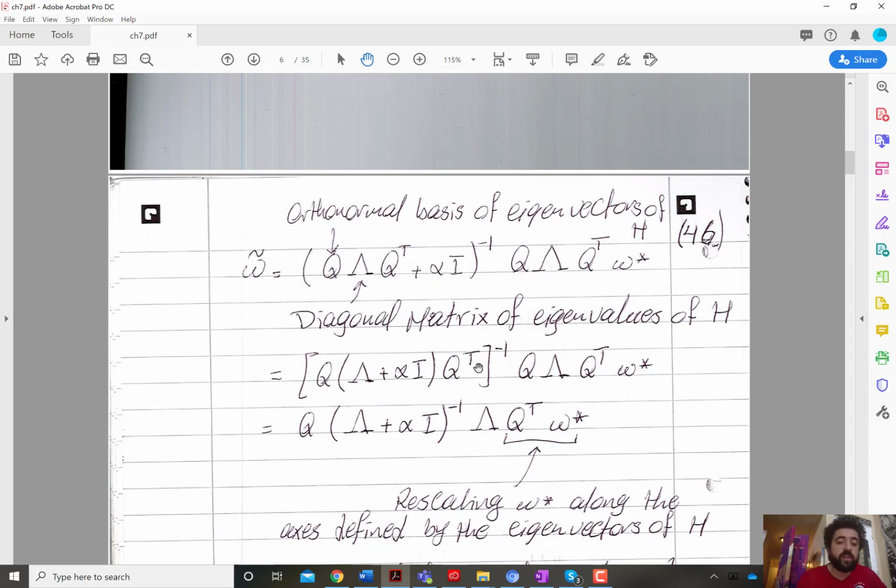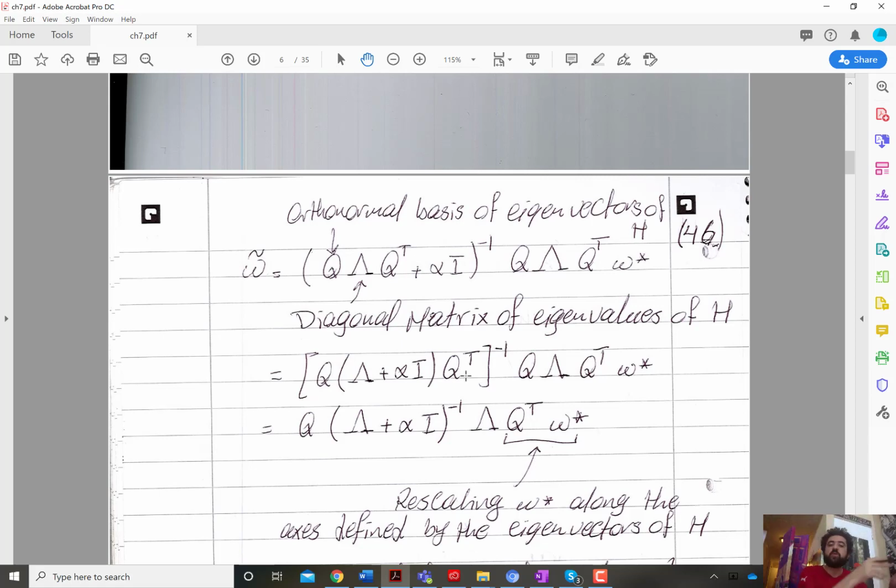Right? Now, if I do the inverse of this thing, how do I do it? I take the last one and invert it and put it first. So it becomes Q transpose inverse. And because Q is a matrix of orthonormal basis, the orthonormal means each of the vectors has unity norm, and they are orthogonal to each other, so Q transpose is the same as Q inverse.